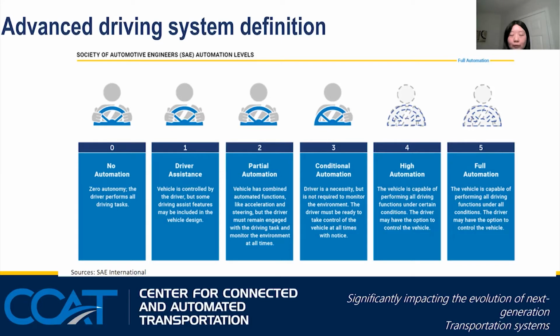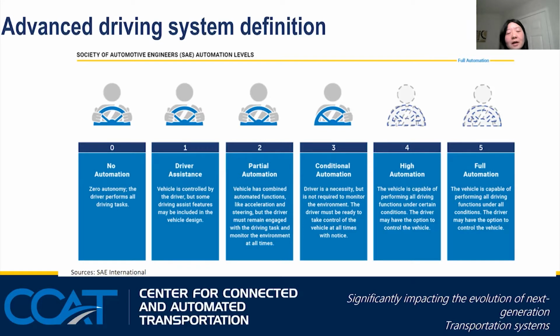However, moving forward to level 3, conditional automation, under certain conditions the drivers do not need to put their hands on the steering wheel anymore. Right now, we have some systems called level 2.5 where the drivers can go hands off, but for a lot of level 2 systems, the driver's hands are still required on the steering wheel.